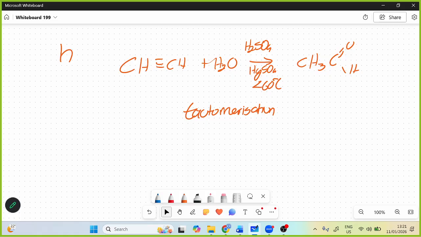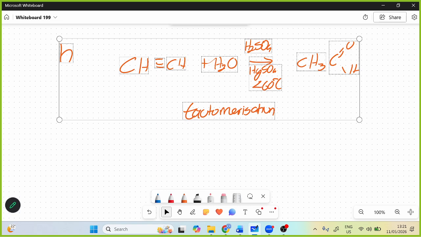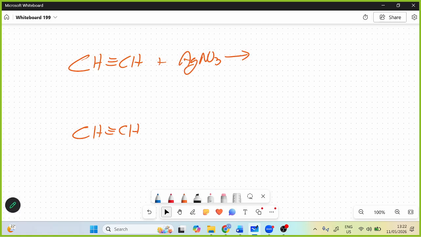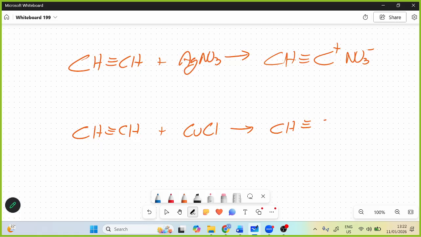To close off alkynes, and as such close off all of the hydrocarbons, you have the reactions of terminal alkynes with silver nitrate and copper(I) chloride. I am not entirely sure about what the white precipitate is.